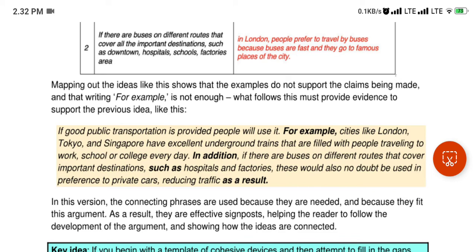For example, cities like London, Tokyo, and Singapore have excellent underground trains that are filled with people traveling to work, school, or college every day. In addition, if there are buses on different routes that cover important destinations such as hospitals and factories, these would also no doubt be used in preference to private cars, reducing the traffic as a result.